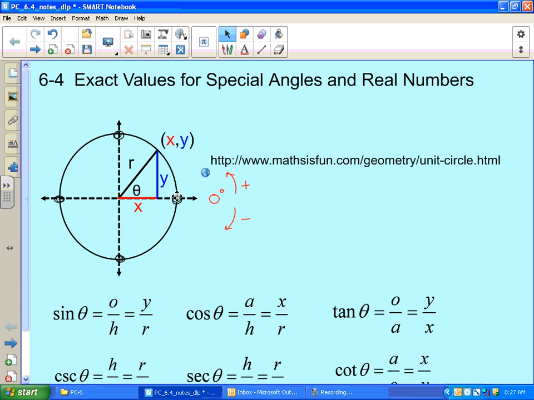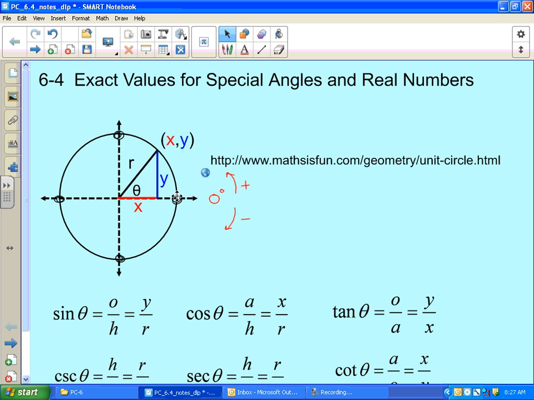Later in this section we'll also talk about a different angle, known as a reference angle. If this angle is in quadrant 1, it will be the same thing as theta. But in quadrants 2, 3, and 4, it's different, so we'll talk about that when we get there.